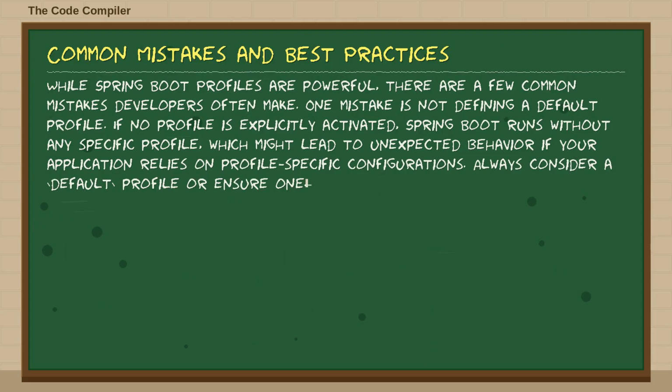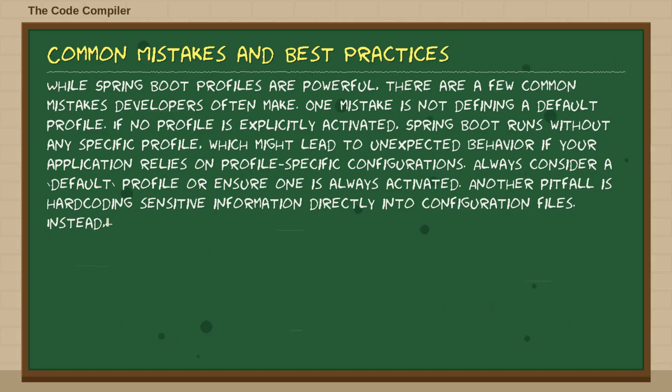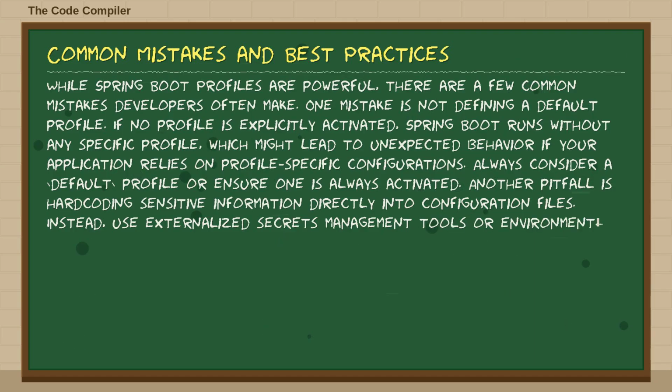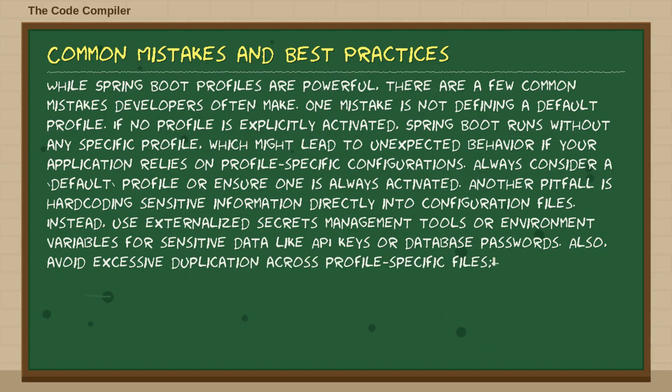Another pitfall is hard-coding sensitive information directly into configuration files. Instead, use externalized secrets management tools or environment variables for sensitive data like API keys or database passwords. Also, avoid excessive duplication across profile-specific files.